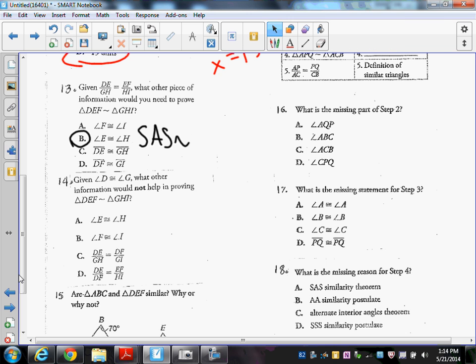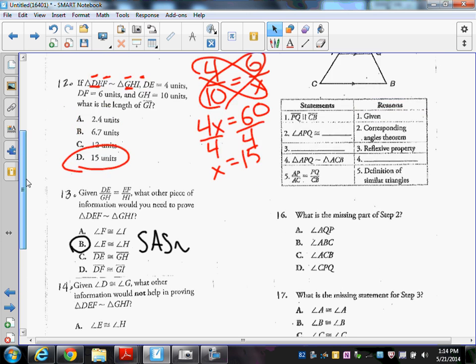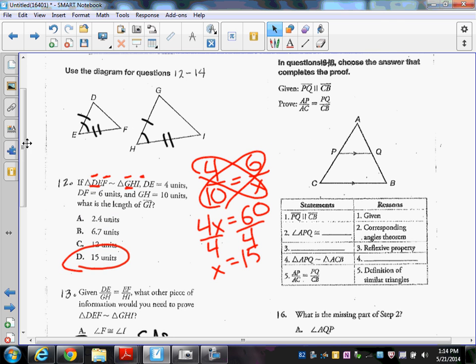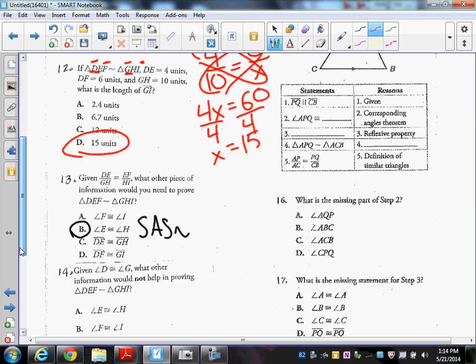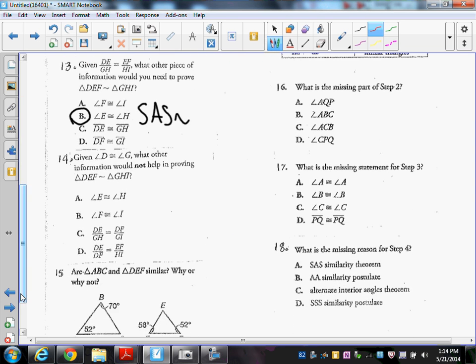So for number 14, we're told angle D is congruent to angle G. So let's go back to our picture. We're going to erase it. We're told angle D is congruent to angle G. And it says, what other information would not help in proving triangle DEF is similar to triangle GHI?